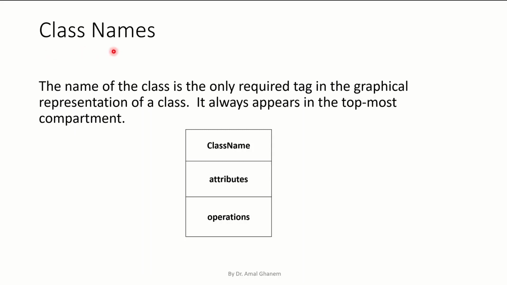We will have class names for any UML class diagram. It is always the name of the class that is required in the graphical representation, and it always appears at the topmost part of the rectangle. So always remember, start the topmost section of your UML class with the name of the class you are designing.